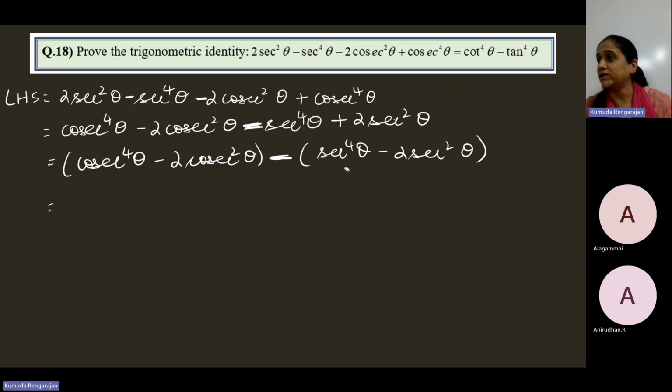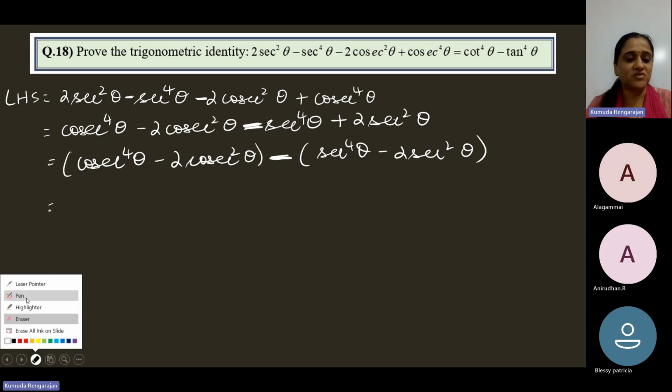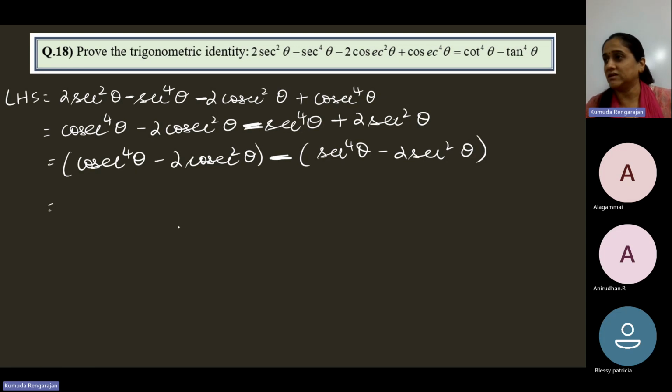Now, by using brackets, we have got the signs which we want. Now you can look at this one, the square term is positive. The square term is positive now, and we have a minus 2xy term or 2ab term. Now what is missing? The b square or the y square term is missing. In both the brackets, you have a square and minus 2ab, but you don't have plus b square.